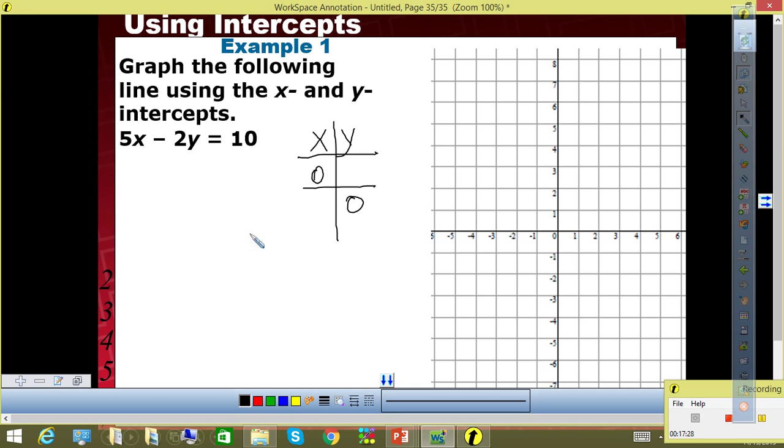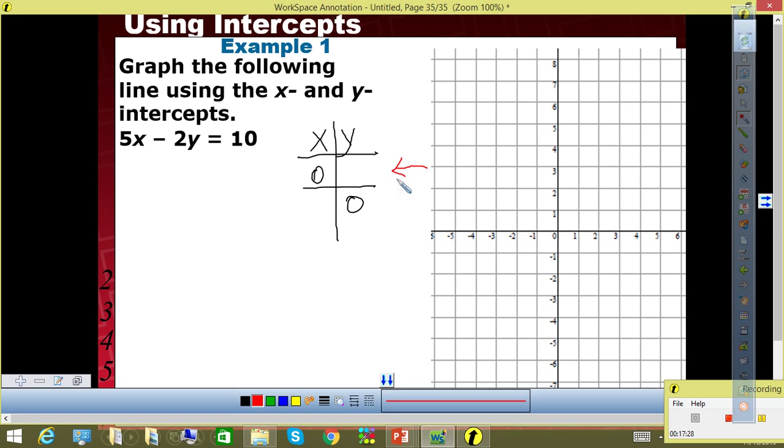So check this out. Let me ask you this. When the value of x is 0, what intercept is that? Tell your neighbor, when the value of x is 0, which intercept is that? That is correct.